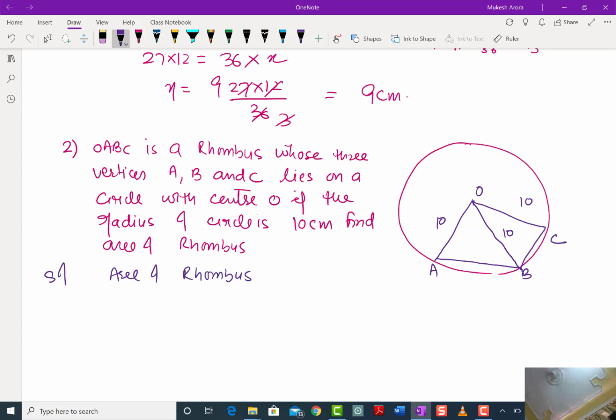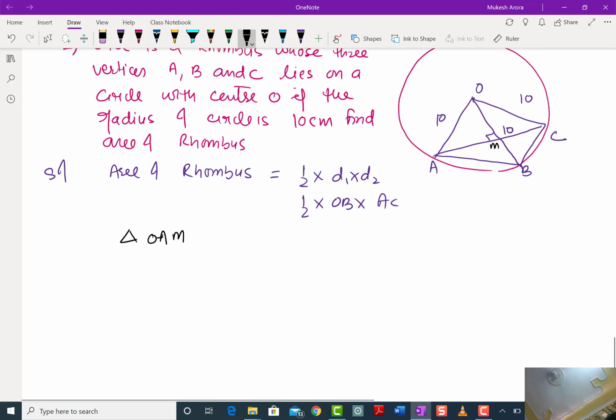Area of rhombus is equal to half into diagonal 1 into diagonal 2. Diagonal 1 we have, that is OB, so half into OB into AC. But the second diagonal we don't have, and the diagonals of the rhombus bisect each other at 90. So we will take triangle OAM.